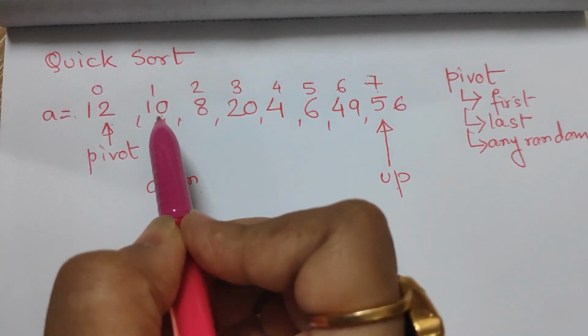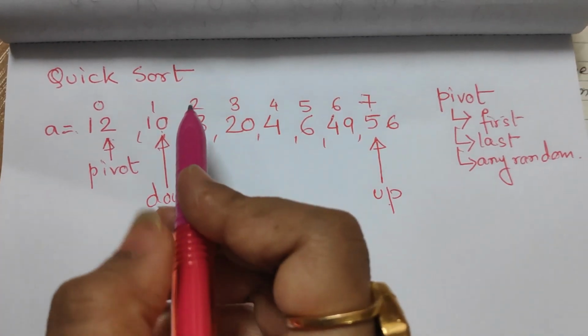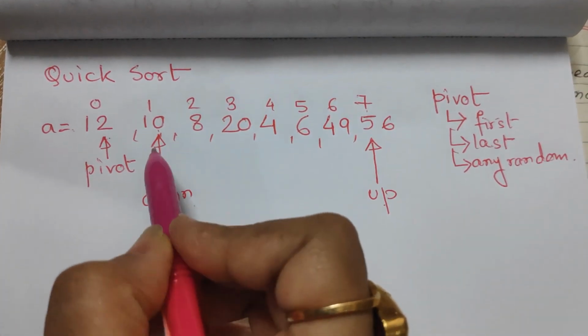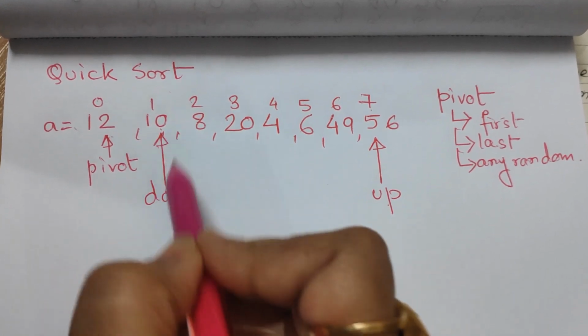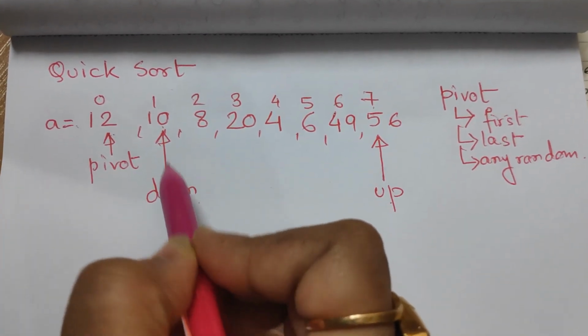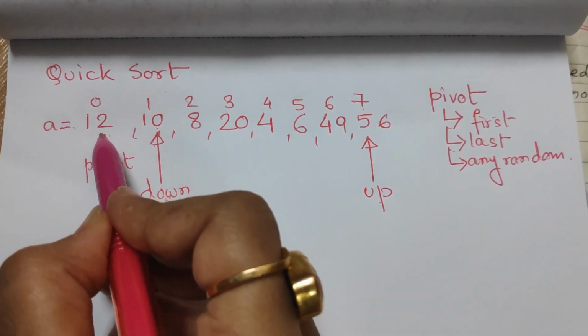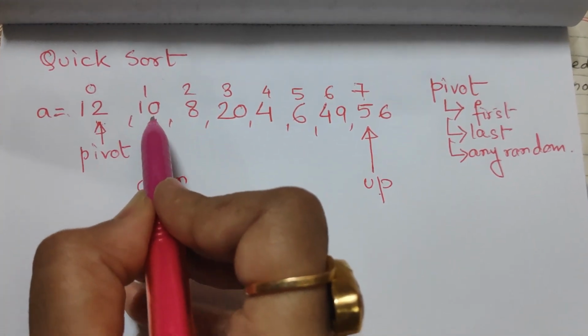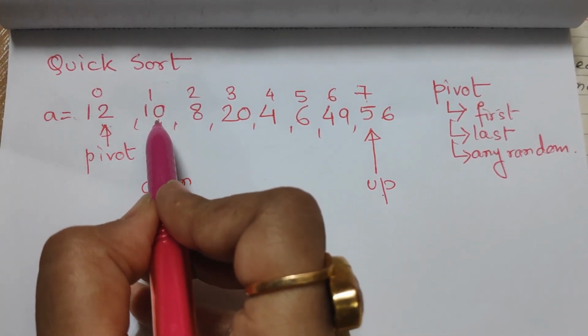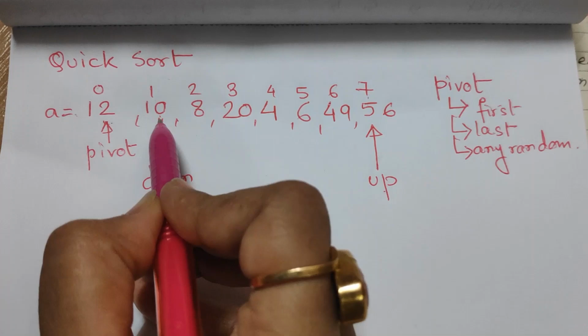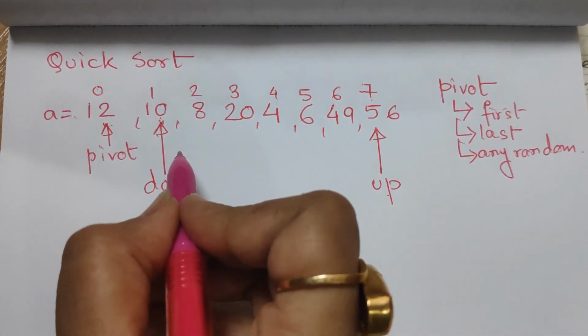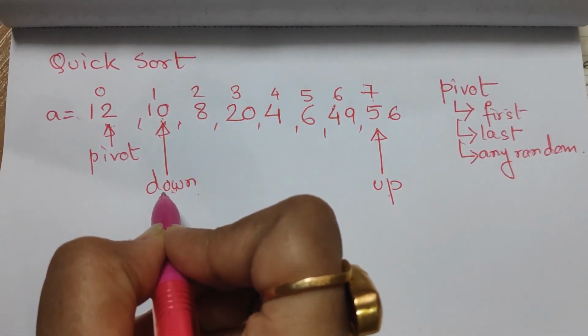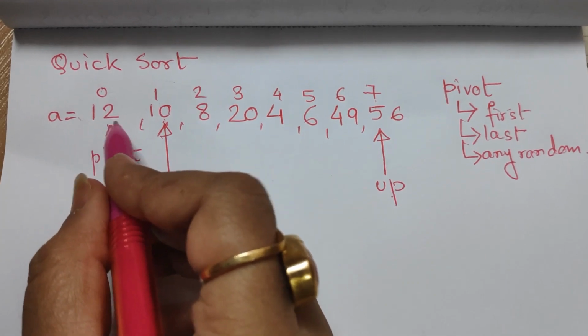Now, what would we compare? We will compare whether the element at the down index is lesser than the pivot element.